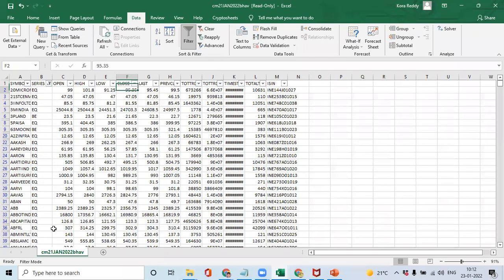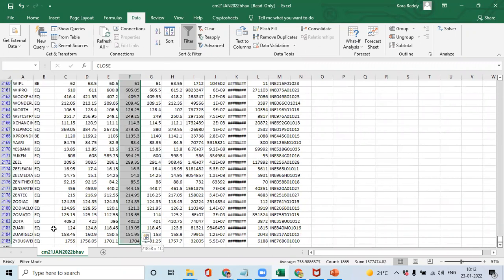You have to use close because all your margins and everything get calculated on close, not on the last price. Your shortfall on margin or anything is calculated on the close price. So close is the important stuff.